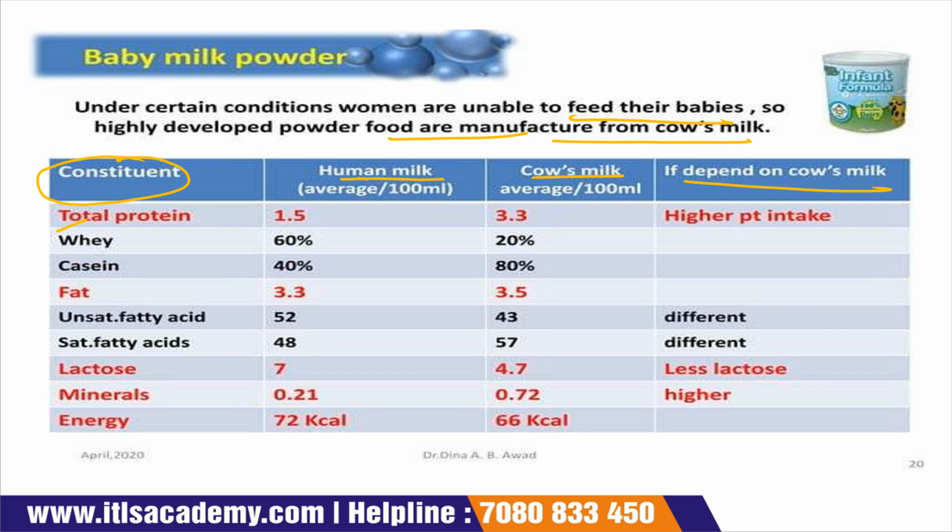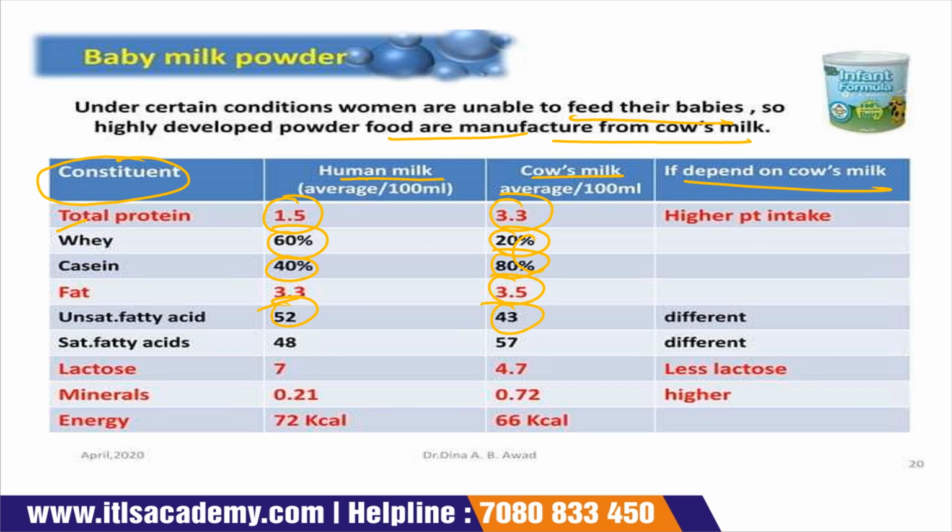Total protein in human milk is around 1.5%, and in cow milk around 3.3%. Whey is around 60% in human milk, and in cow milk around 20%. Casein in human milk is around 40%, and in cow milk around 80%. Fat is around 3.3 in human milk, and in cow milk around 3.5. Unsaturated fatty acid is around 50%, and in cow milk around 43%.